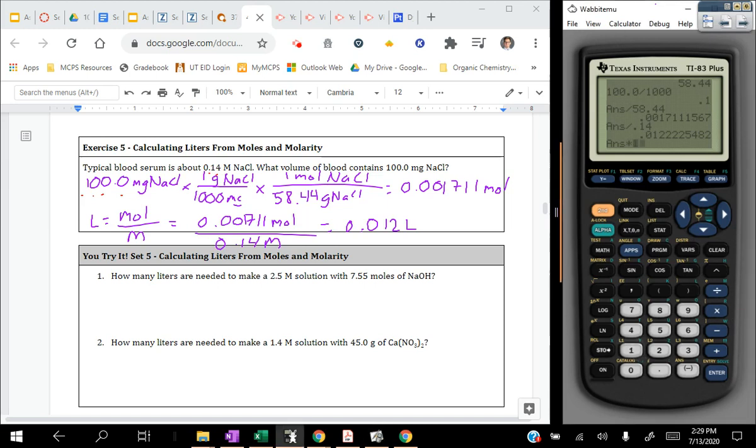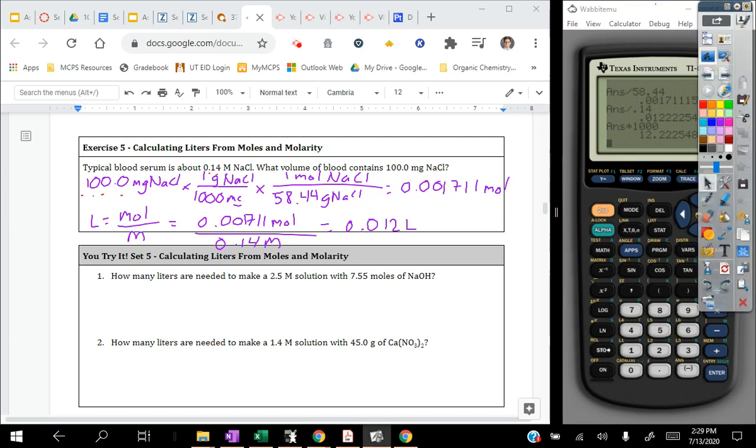Technical difficulties. Because there are 1,000 milliliters in 1 liter, we see that this is about 12 milliliters of blood. So 12 milliliters of blood has about 100 milligrams of salt. Interesting. 12 mL.